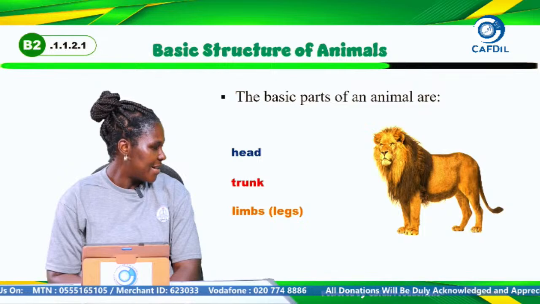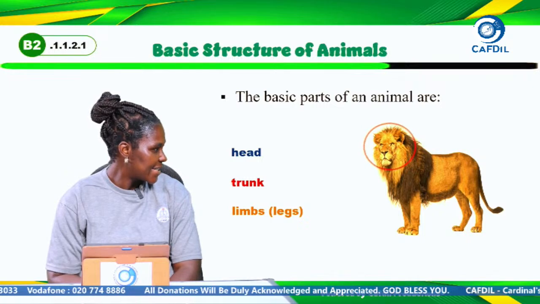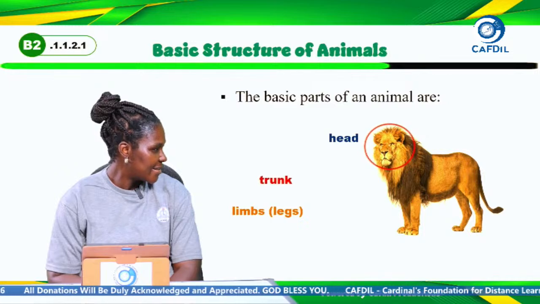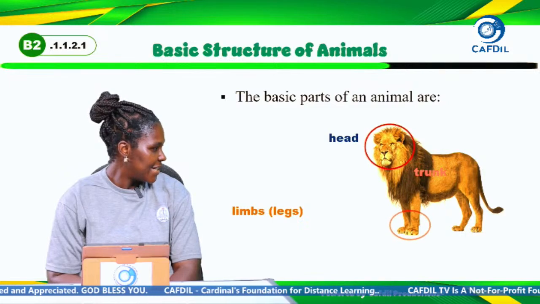Now, which animal is this? The lion. We have the head. The trunk. And then the limbs.